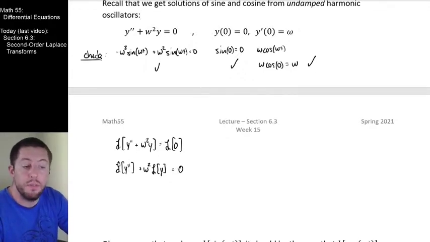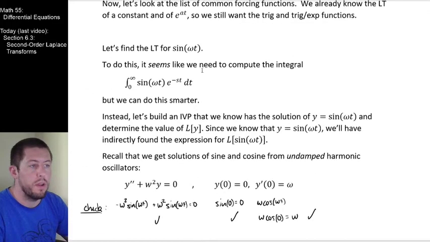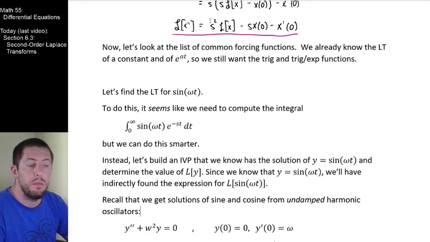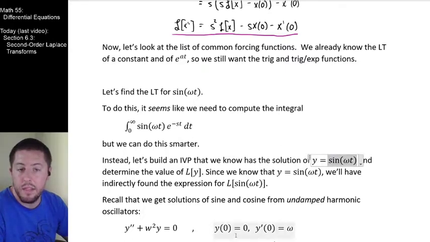And now I can use the formula that we just built to get our second derivative Laplace transform here. So we just determined it was going to be s squared times the Laplace transform of the function minus s times the function evaluated at 0. And notice the function evaluated at 0 is going to be 0. We've got that stated right there.